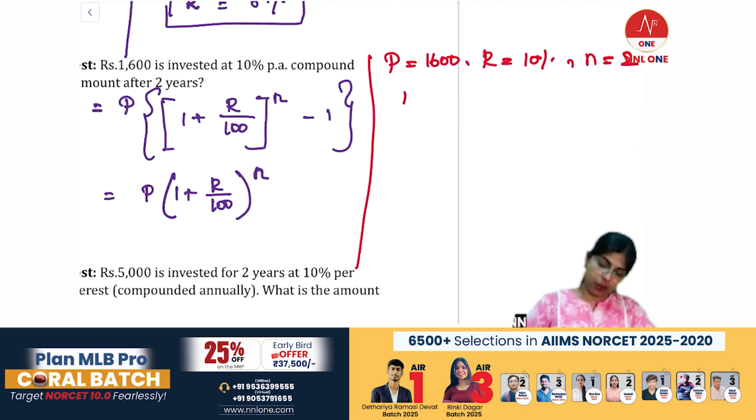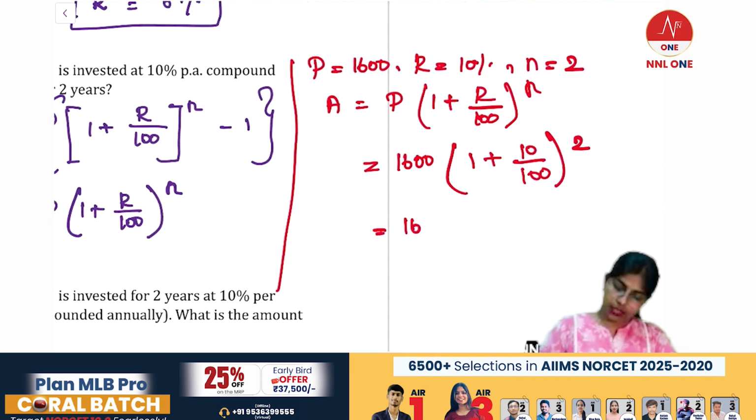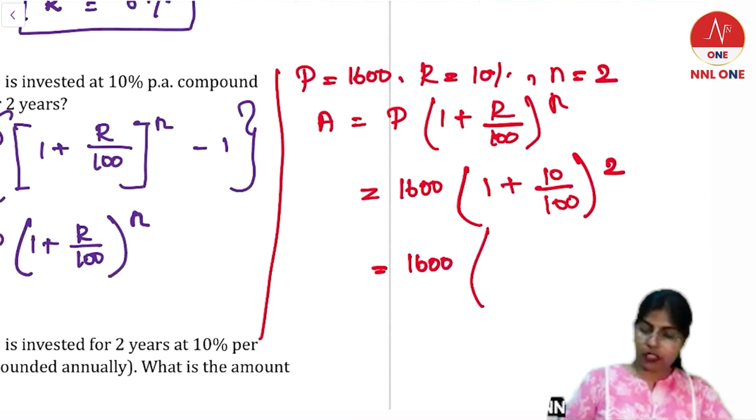What is the formula for amount? A is equal to P into 1 plus R by 100 the whole power n. What is the value of P? That is principal 1,600 into 1 plus 10 by 100 the whole power 2. Now we are going to evaluate the values. LCM is 100.